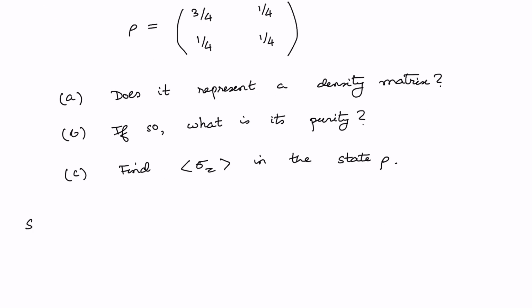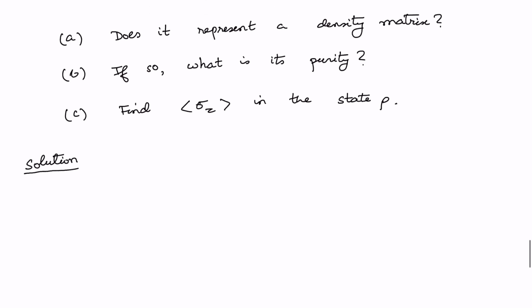So already you know that if the matrix has to be a density matrix, it has to obey some properties, as we have already discussed. First of all, rho should be equal to rho dagger.